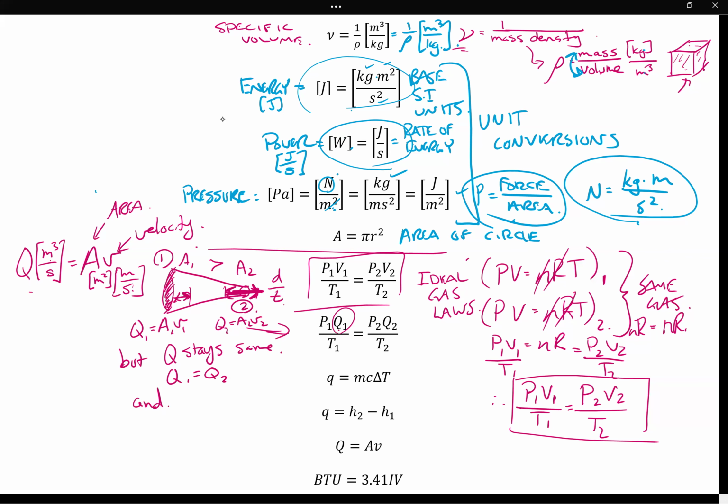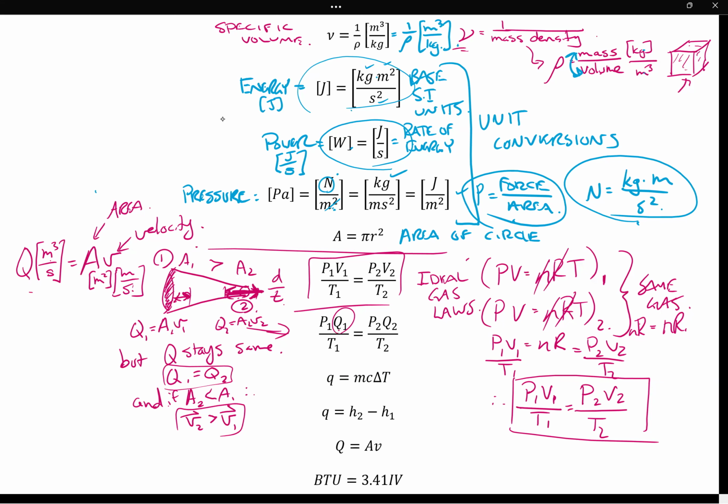And in order to accommodate for that, if A2 is greater than A1, then of course the velocity at the exit with the larger cross-sectional area must be smaller. If A2 is less than A1, then V2 must be greater than V1. And those are our relationships.